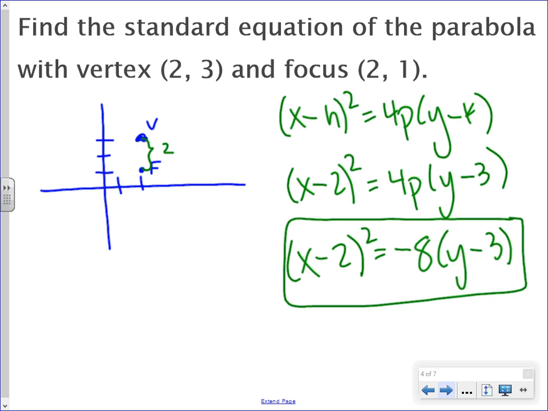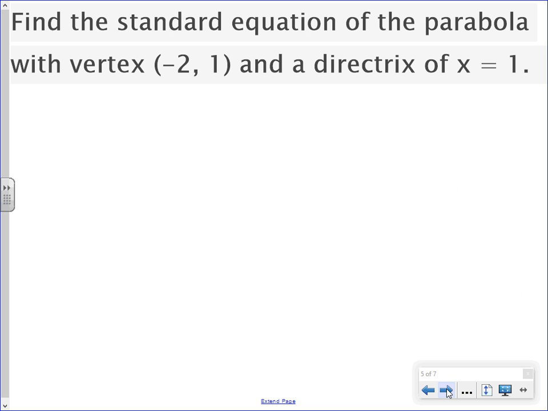Okay. All right, let's change it up a bit. Okay, here we have a vertex of negative 2, 1, and a directrix of x equals 1.